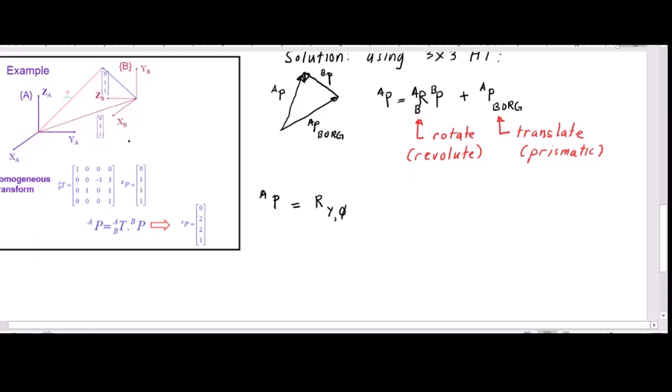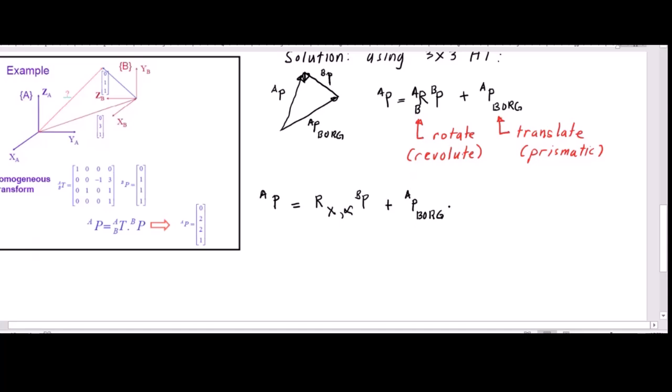Sorry, this is not the y-axis, correction: the x-axis. So that will be Rx, and the angle will be alpha for the x-axis, which is multiplied by P to B plus our PBORG to A.